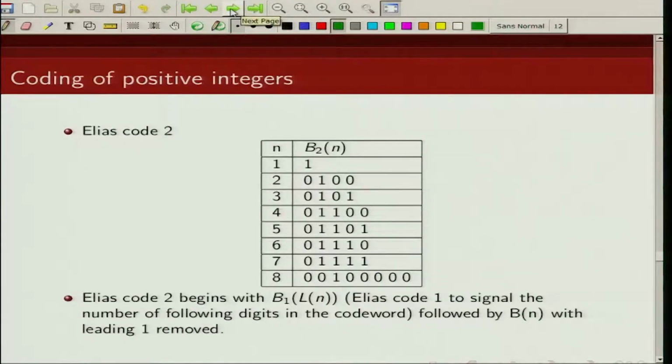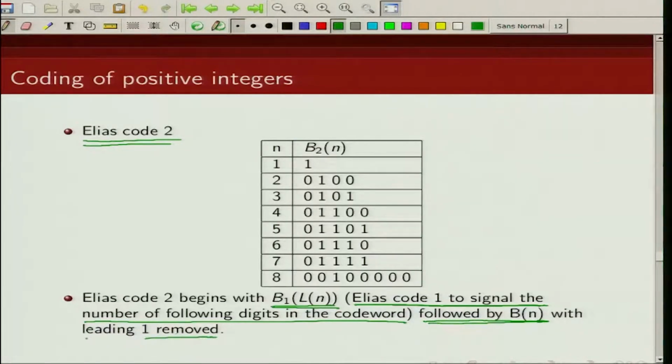So Elias came up with a trick, and that's as follows. Elias 2 codes begin with Elias 1 code. So Elias code 1 is used to signal the number of bits in the code word. So earlier, what was used in Elias code 1? We were using runs of zeros. So here that is replaced by Elias code 1 to signal the number of following digits in the code word, followed by the binary representation of the number with leading one removed.